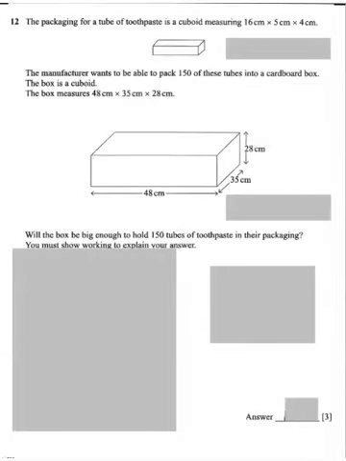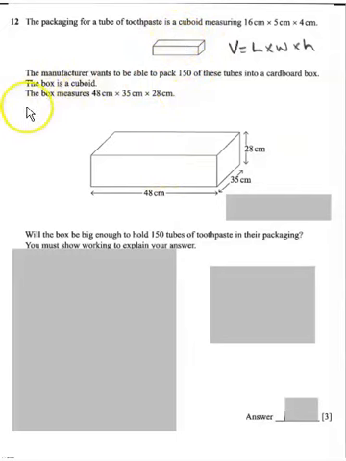So for question 12, this is a volume question. It says the packaging for a tube of toothpaste is a cuboid measuring 16 by 5 by 4. And you can see to get the volume of this, we're multiplying the length times width times height. The manufacturer wants to be able to pack 150 of these tubes into this cardboard box here.